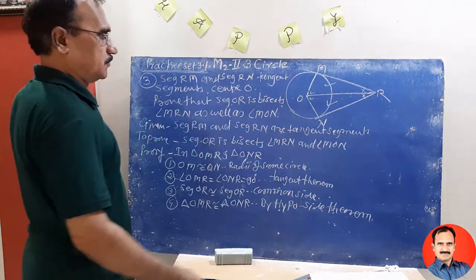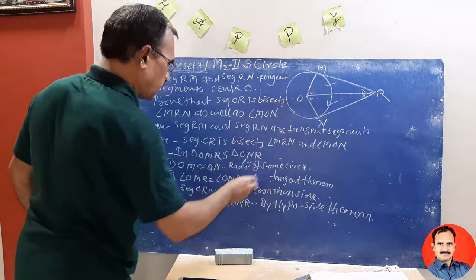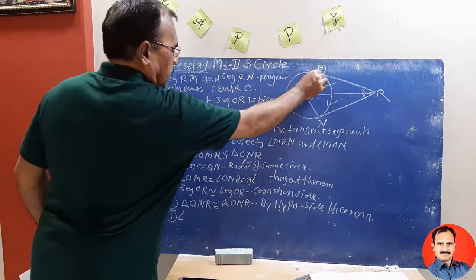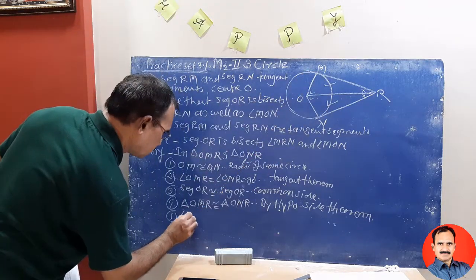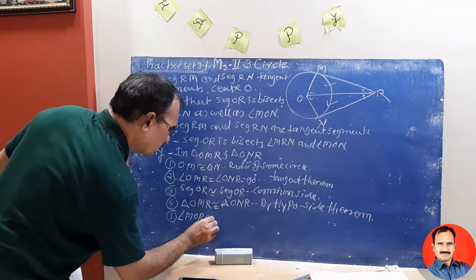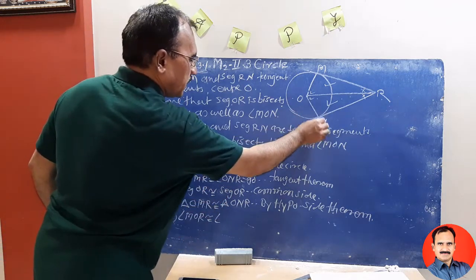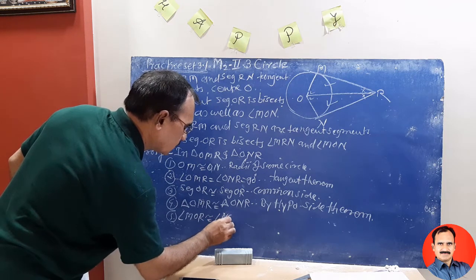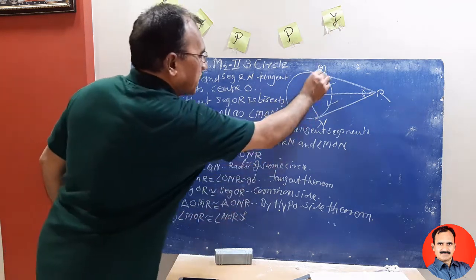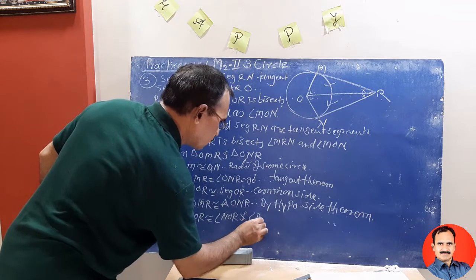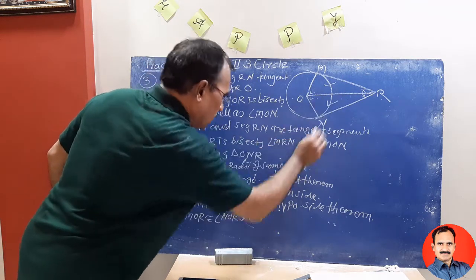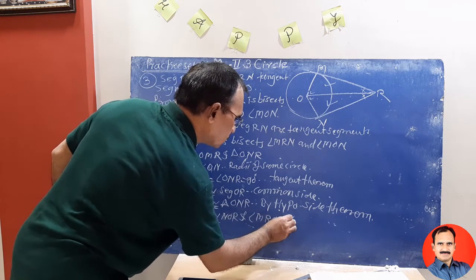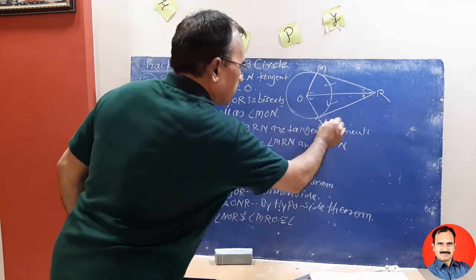And if triangles are congruent, then corresponding angles are congruent. Therefore, angle MOR is congruent to angle NOR, and angle MRO is congruent to angle NRO.